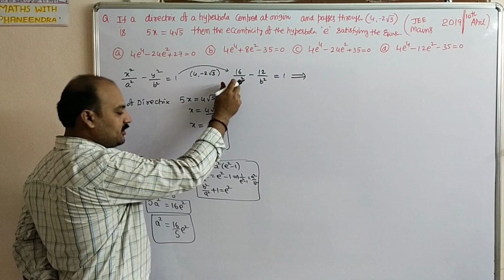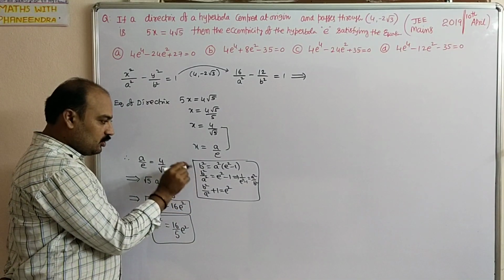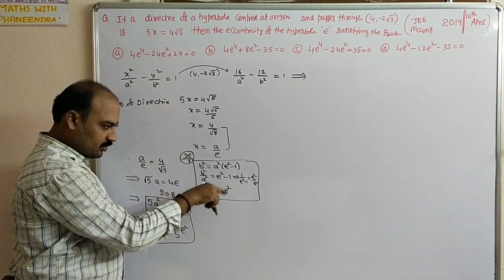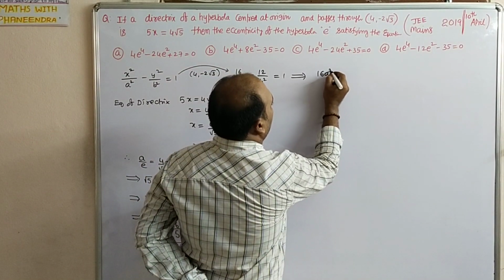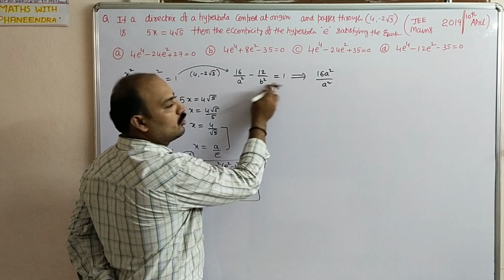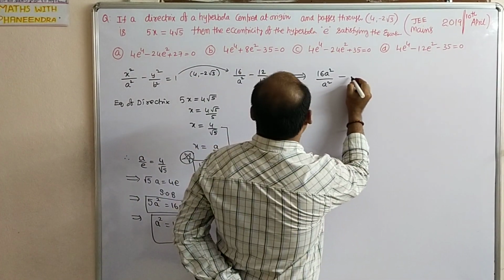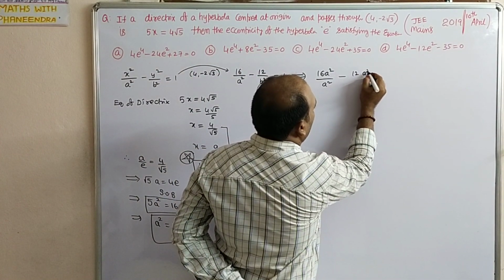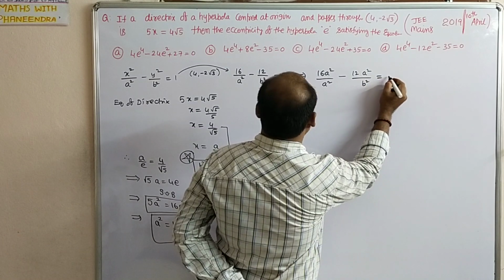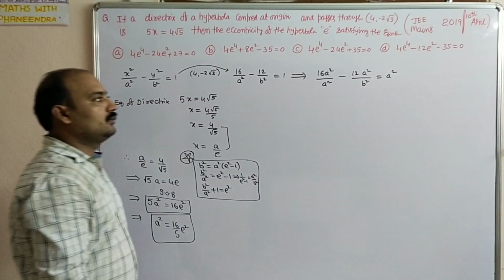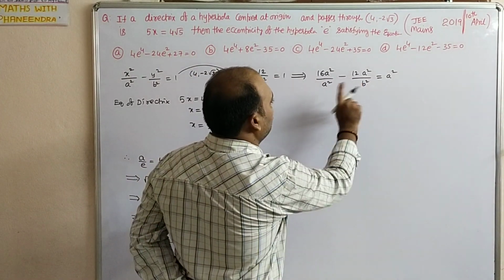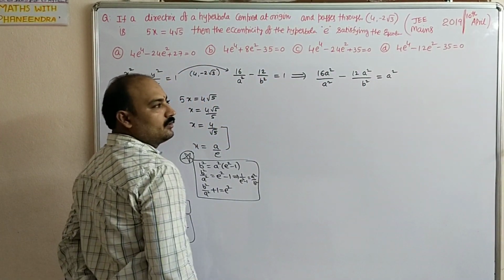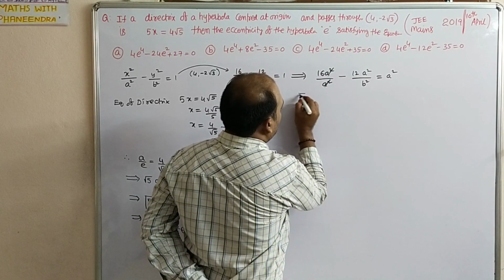Because I want to eliminate a square, since we have the values here, b square by a square and a square by b square, reverse values. So 16 by a square, multiplied on both sides by a square, minus 12 by b square, multiplied by a square, is equal to a square. Both sides we multiply by a square, so these two will be cancelled.